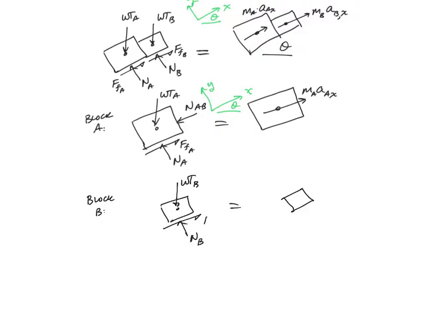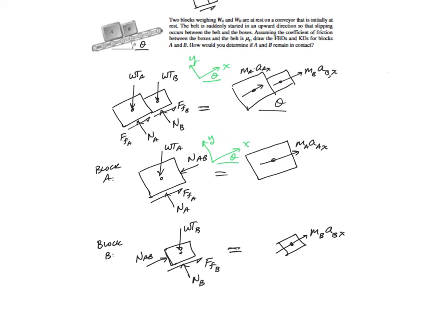I've got the force of friction, B. And I've got the normal force acting between blocks A and B. And here I've also got the mass of B times the acceleration of B in the x direction. So there's our set of FBD KD for this system.